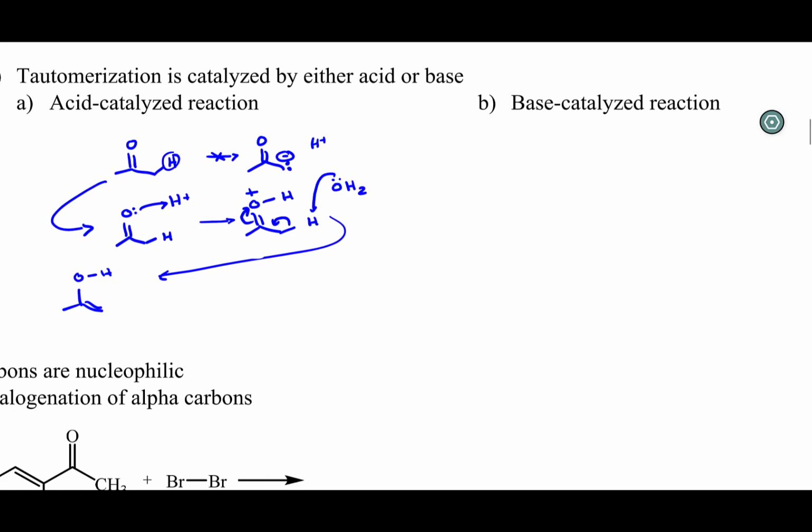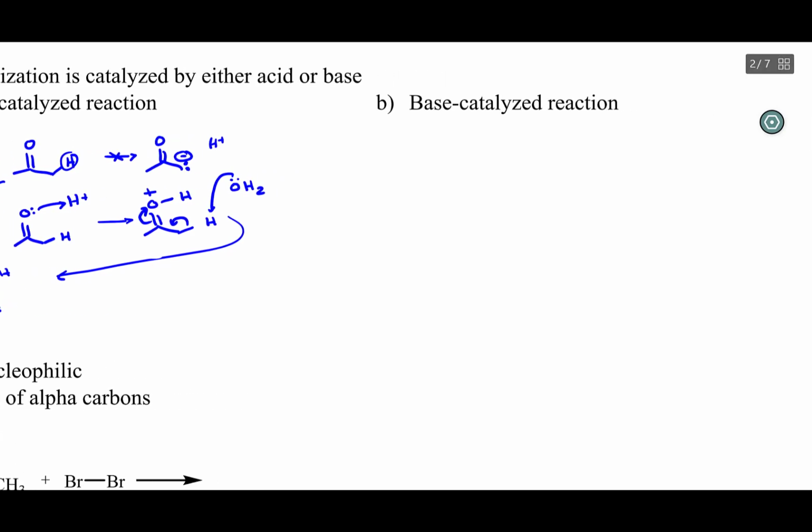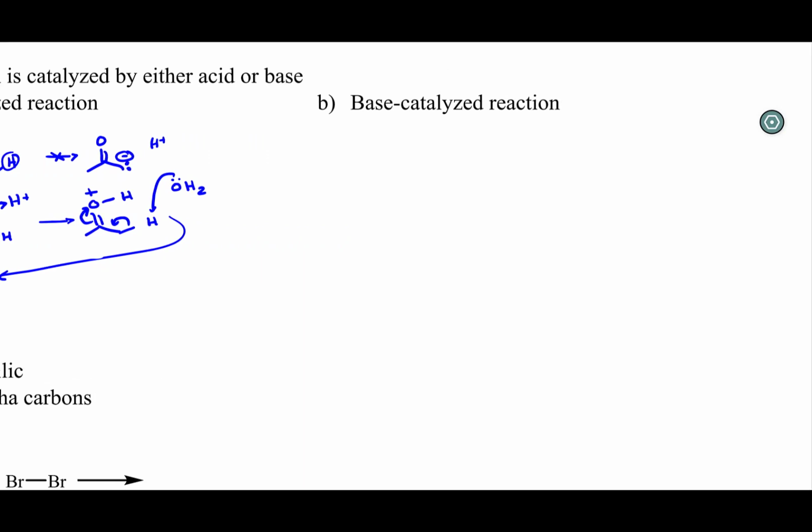Similarly, this reaction can be catalyzed using a base. So in the base catalyzed reaction, you have your ketone, or your aldehyde, your carbonyl, and then you bring in a base. And again, remember, a catalyst's role is to make a reaction faster, and it will convert this into the enolate, which looks like this.